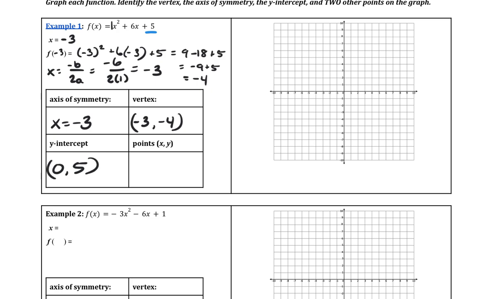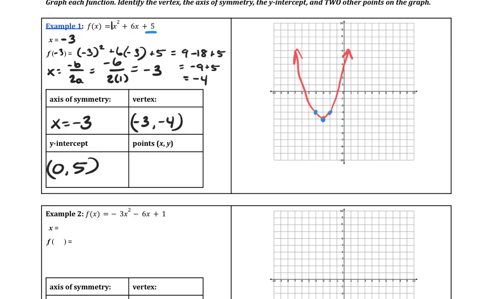Points. Okay, so let's take a look at what I mean by that. So I'm going to first plot my vertex, negative 3, negative 4. Okay, the a value is just 1. So as I move over 1, I'm going up 1, over 1, up 1. That's all I need for a graph. I need the vertex, and I need a point to the left and a point to the right.